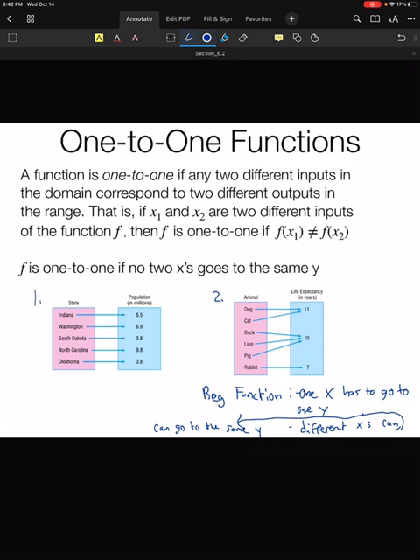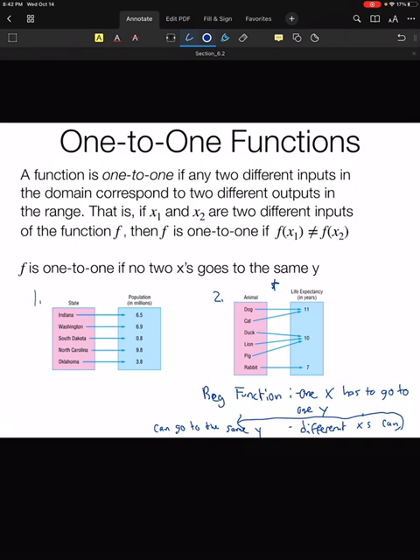The reason this example, number 2, is important is that we have different x's going to the same y. Both dogs and cats have an average life expectancy, if you don't think about different breeds, of 11 years. A duck, a lion, and a pig have 10, and a rabbit has 7.